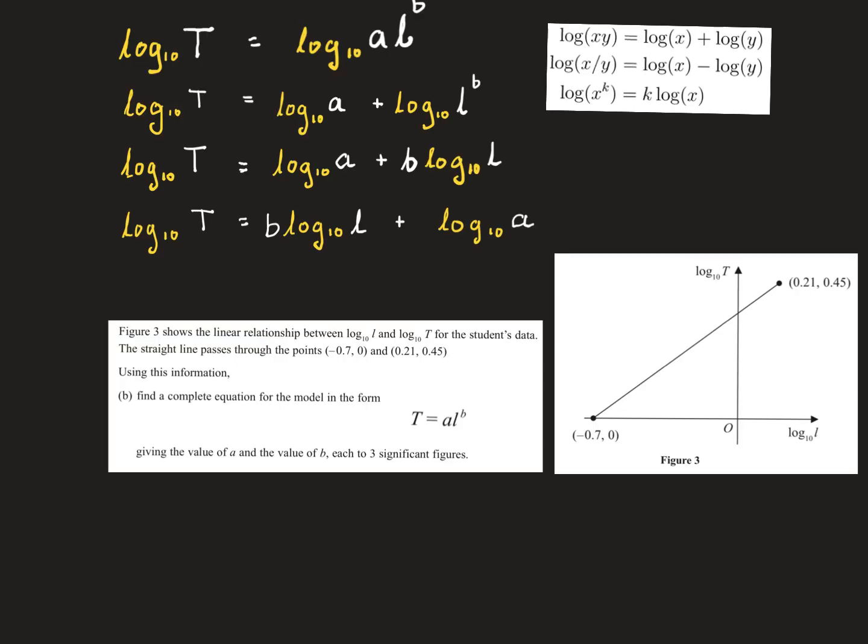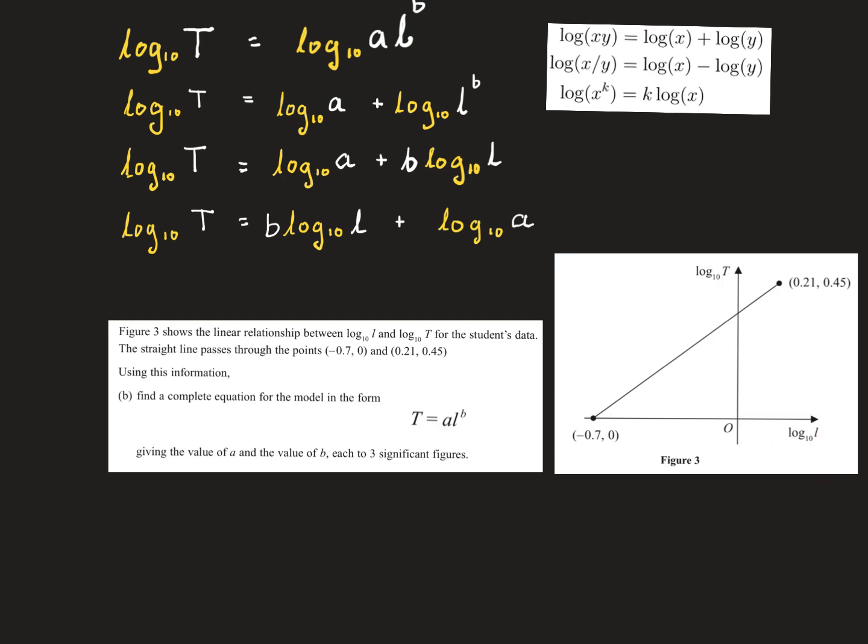So this is the graph that was shown above, figure 3, and it shows that there's a linear relationship between log 10 t and log 10 l.